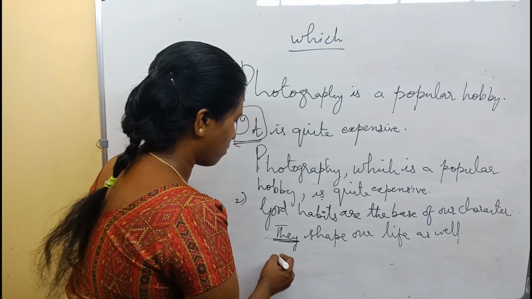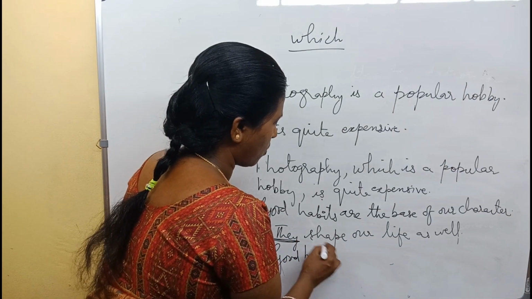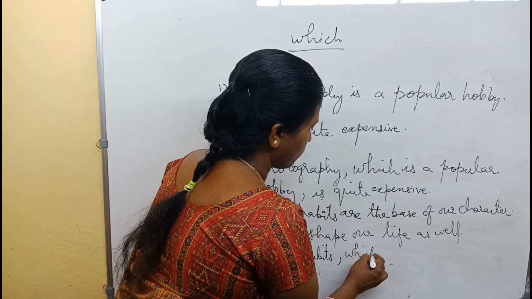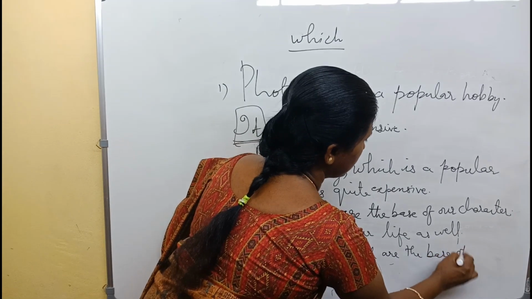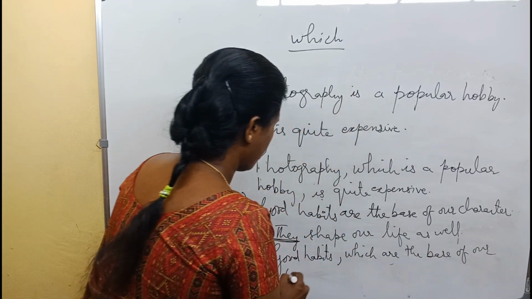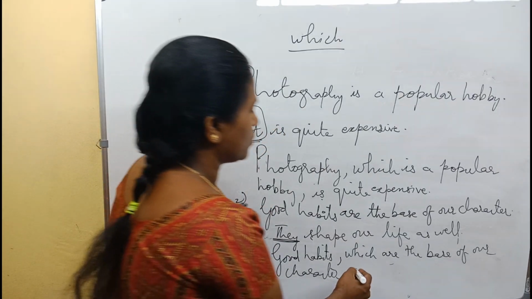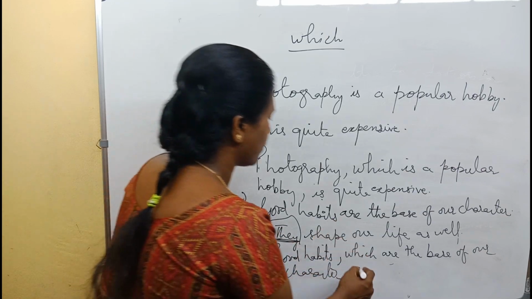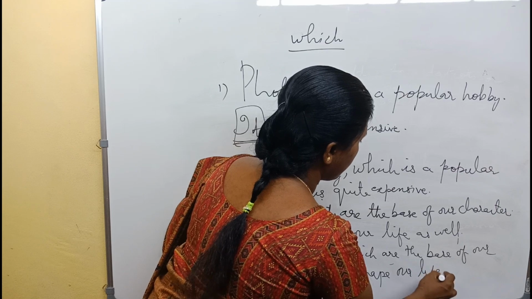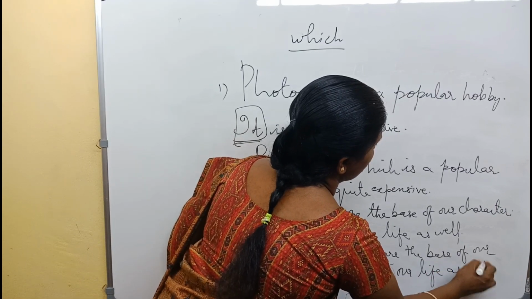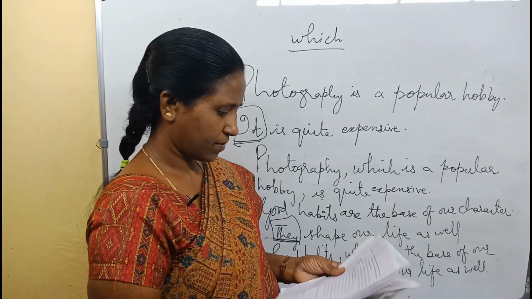Immediately after good habits. Good habits, comma, which are the base of our character, comma, shape. Now you should not write the they. Okay, shape our life as well. Okay, let's see any other sentences there.